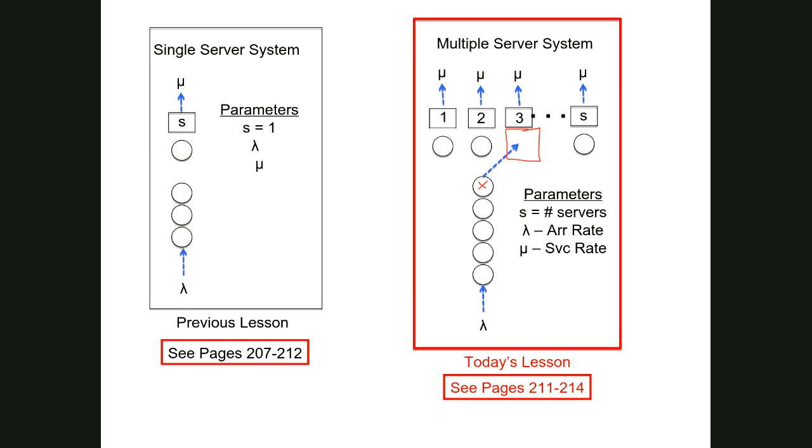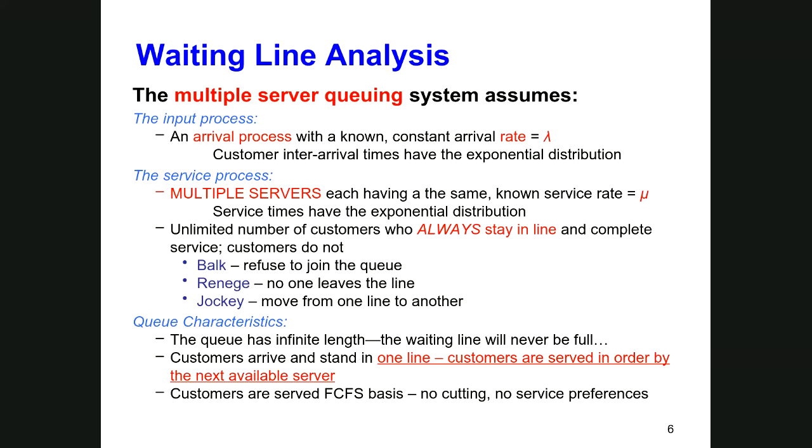That's the only change: we've gone from a single server situation to multiple servers, but they all have the same service rate. Again, the arrival process still has the rate lambda with exponential distribution. The service rate is mu, also exponential distribution.